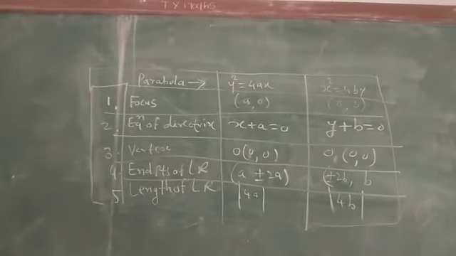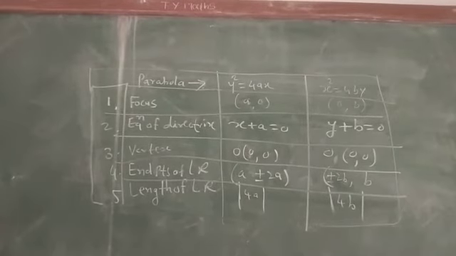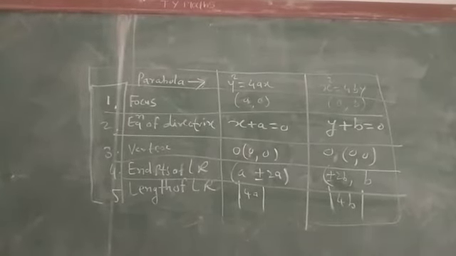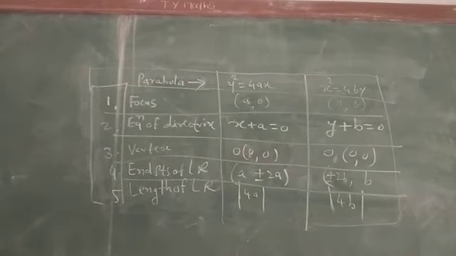For a parabola, x square equal to 4by, similarly you can solve.